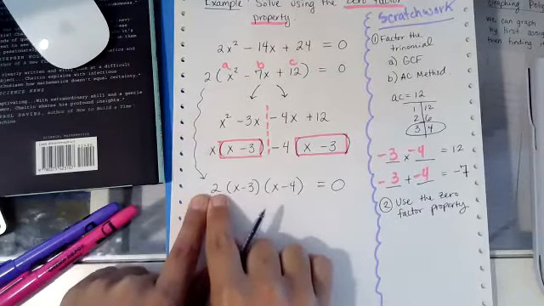But in order for us to multiply this, this, and this together to get a 0, that means that this guy or this guy must be equal to 0. Or both of them could be equal to 0. Does that make sense? Or are there any questions about that?